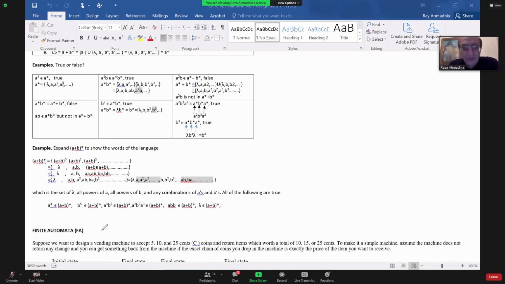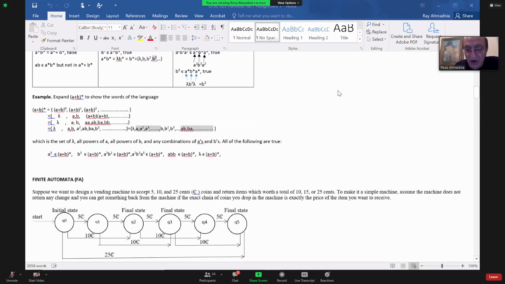Okay, a finite automaton is a machine with a finite number of states. Suppose we want to design a vending machine to accept 5 cents, 10 cents, and 25 cents. So the coins you can drop in the machine are only a nickel, dime, or quarter.